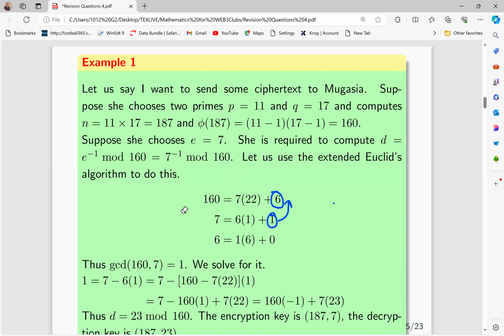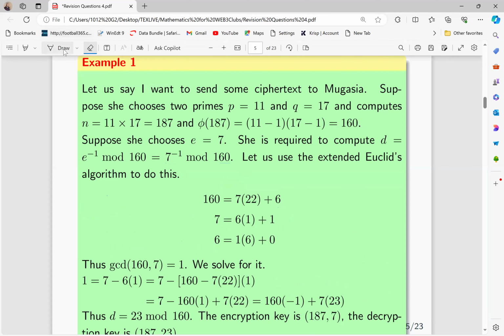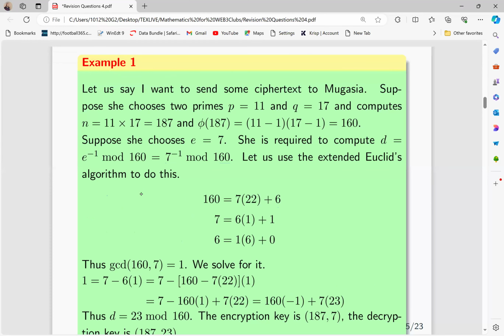That is the decryption key. She keeps it: 23, the inverse of 7. So our D therefore is 23.